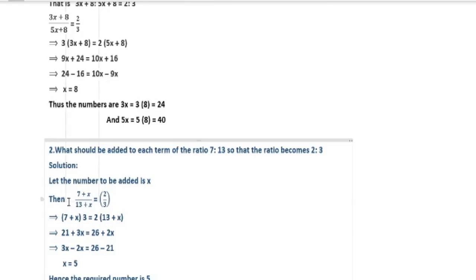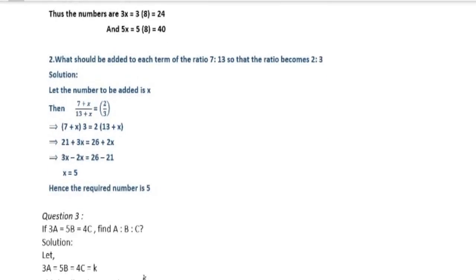According to the question, we can write (7 plus x)/(13 plus x) equal to 2/3. Every ratio you can write as a fraction. Now cross multiply it and you will get the value of x. x equal to 5. So the required number is 5.